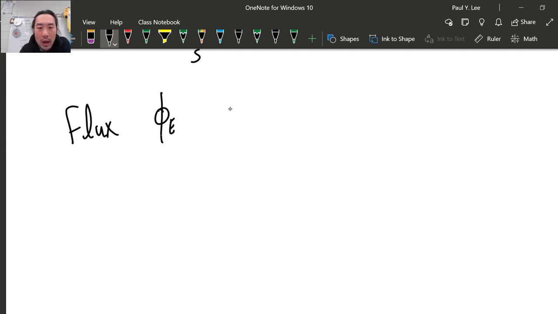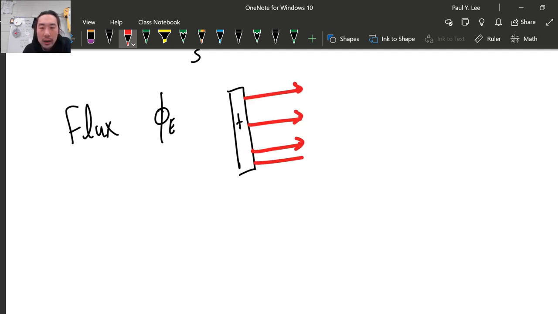So, for example, if we had a rod and this rod is positively charged, and that's like the E field, and we were to create a window right here, then according to this window, we have an E field definitely coming through the window, and that's only in one direction.